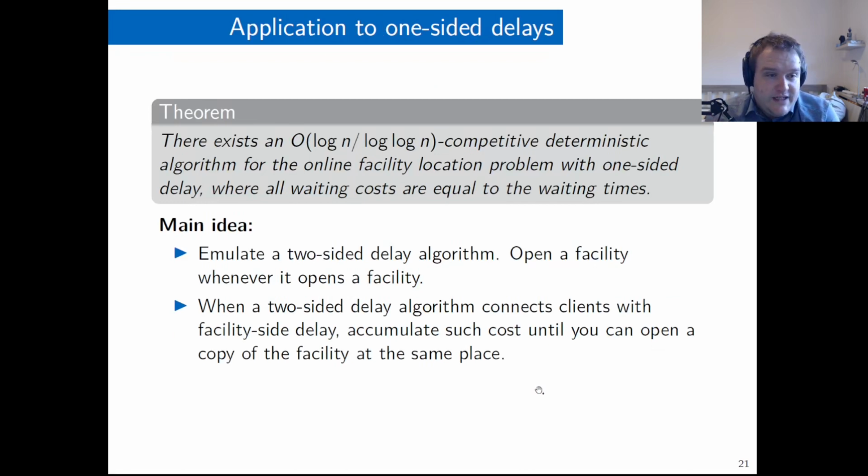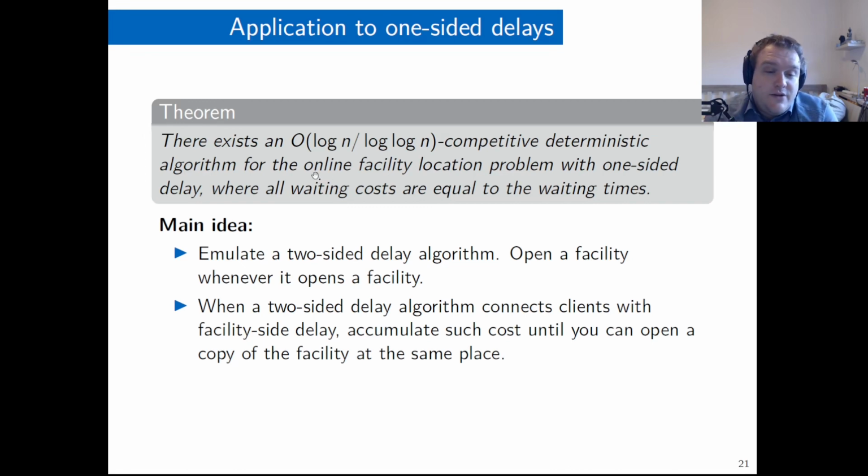And as I've said, we can actually use this two-sided delay result to show a one-sided delay result, which is sort of the more important part. We can shave a multiplicative factor of log n, and we claim that there exists an O(log n / log log n) competitive deterministic algorithm for the online facility location with one-sided delays with everything linear. So what's the idea?